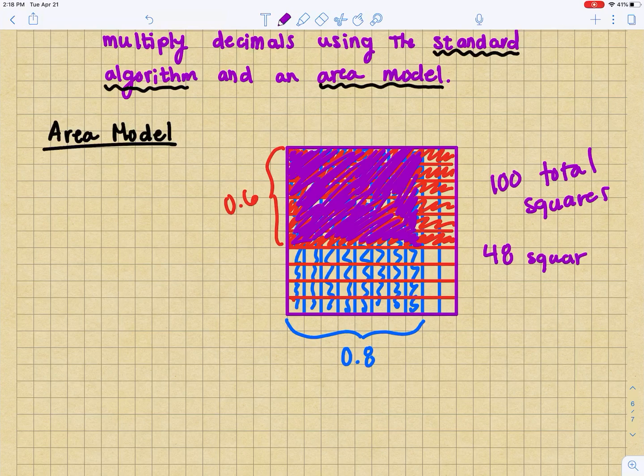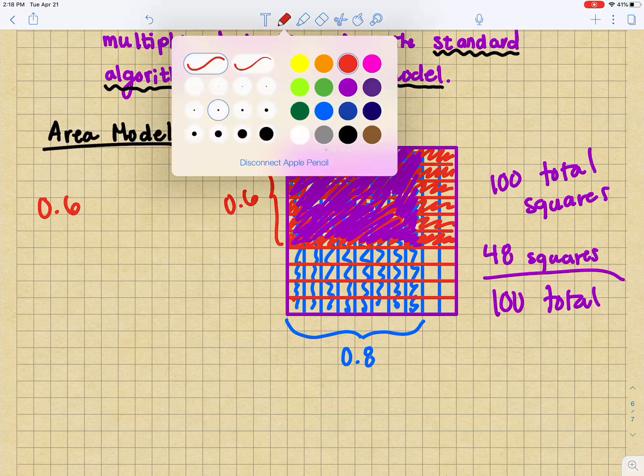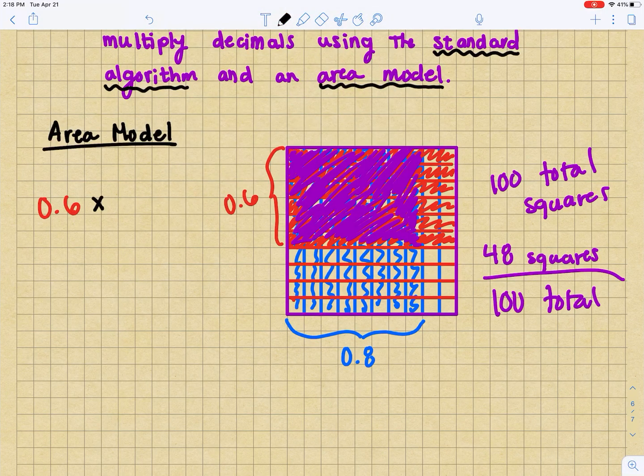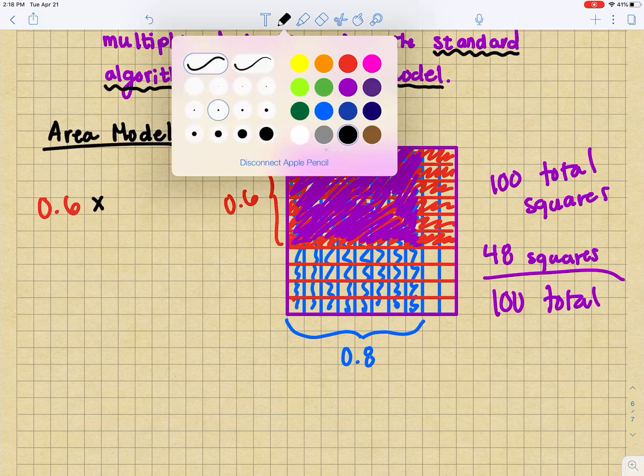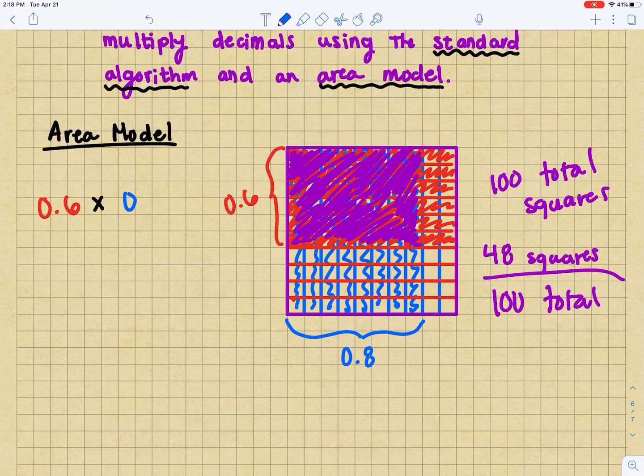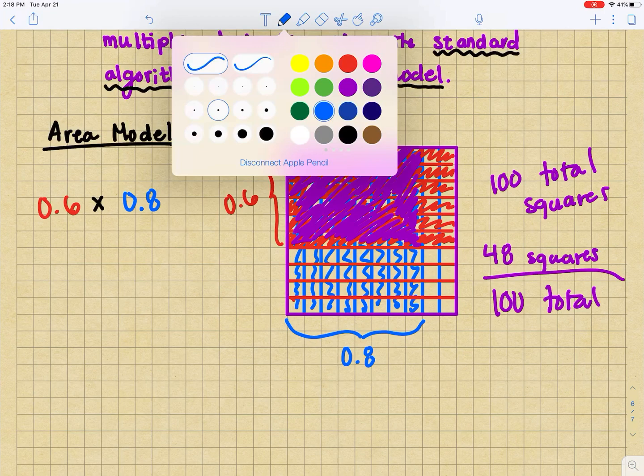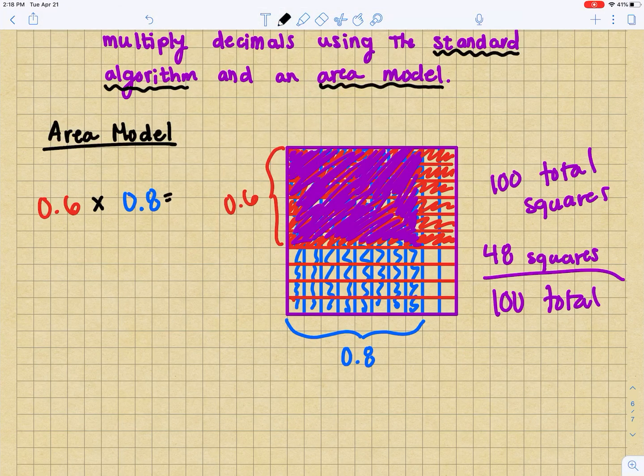So 48 squares out of 100 total squares. I can read that as 48 hundredths. So if I have 0.6 or 6 tenths, and I'm multiplying it by 8 tenths, that equals 48 hundredths, which I write like this.